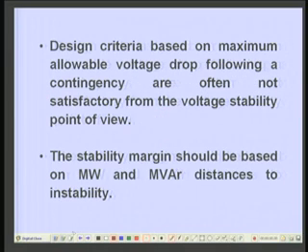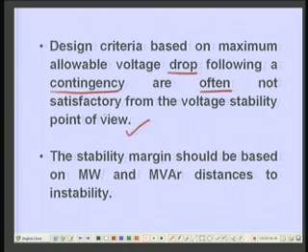Third, design criteria on maximum allowable voltage drop following a contingency are not often satisfactory from the voltage stability point of view. Sometimes, whenever we design the application of reactive power sources, one approach will be: suppose a certain contingency occurs, what is the maximum permissible voltage drop, and based upon that you design the reactive power sources. But the suggestion is that instead of this, one should design from the point of view of stability margin.